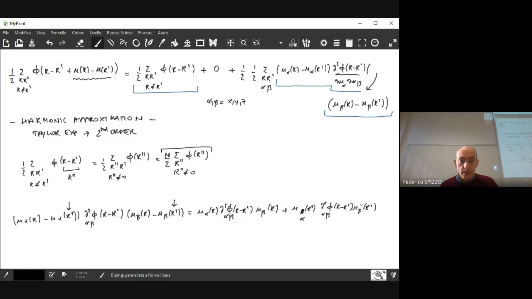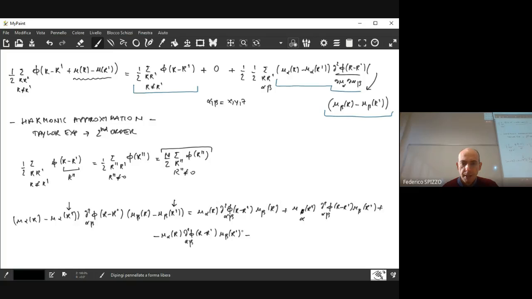Then we have two terms where we have to consider r as the coordinate of the first term, and then we have r prime as the coordinate for the second.